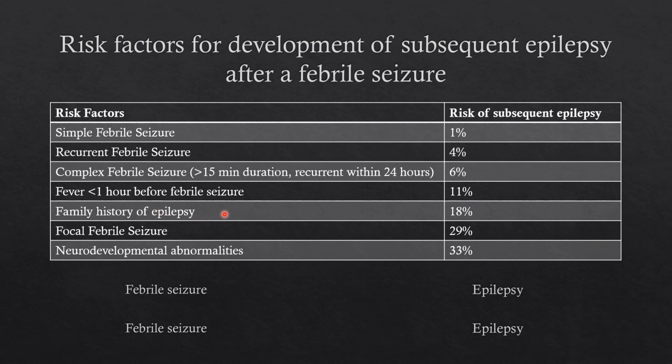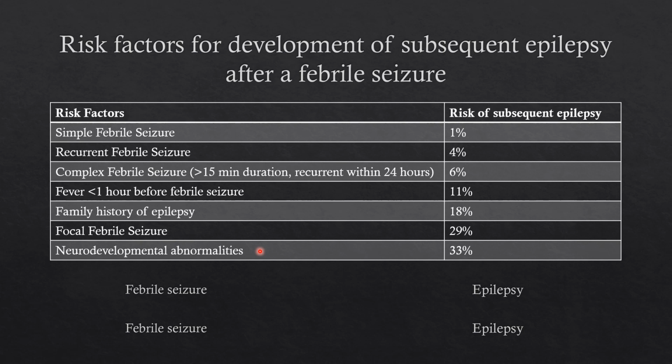If there is any family history of epilepsy, the risk is 18%. If the seizure was focal, the risk is 29%. And if the child has had some neurodevelopmental abnormalities, the risk of future development of epilepsy is 33%.